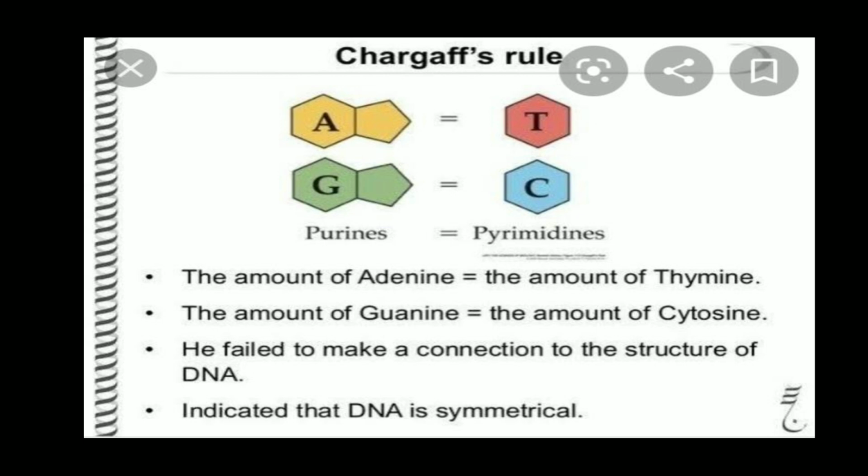Whereas the DNA isolated from microorganisms like viruses, bacteria, and lower plants and animals was generally rich in guanine and cytosine, and relatively poor in adenine and thymine.